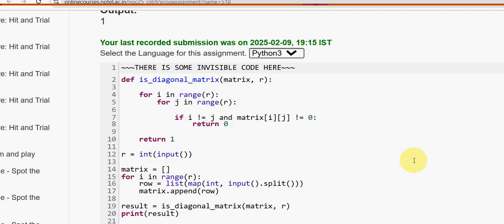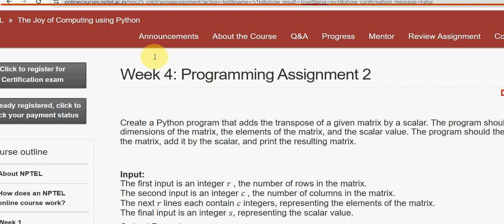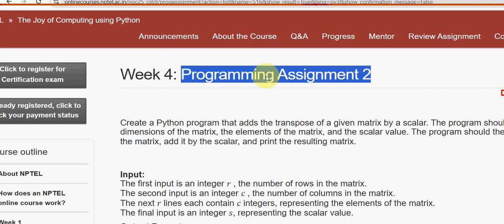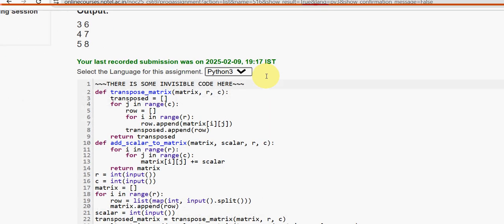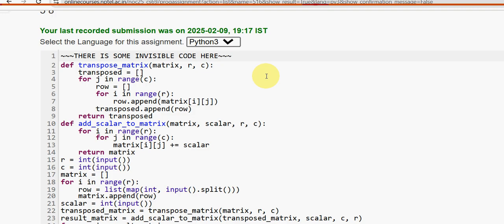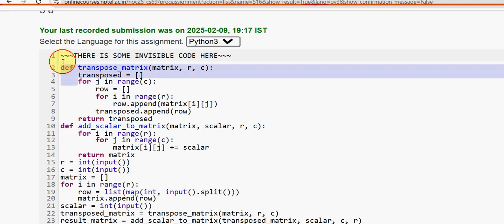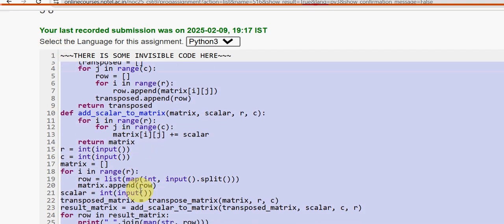So now let's move on to the second code, guys. Now I will show you the second one, programming assignment 2. Try to please concentrate on this. It's a big code, 24 lines. So do follow the indentation, guys. It is very important here in this code.